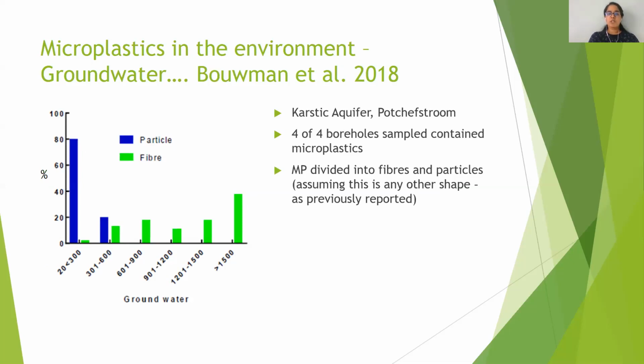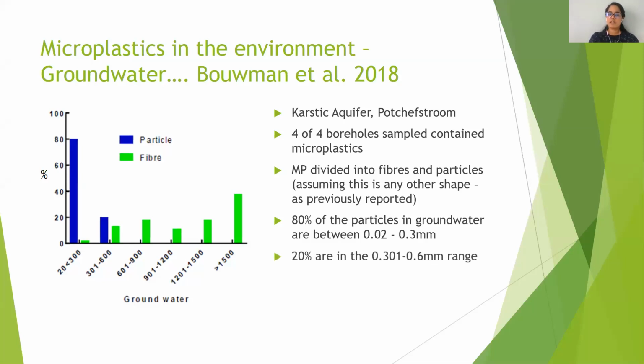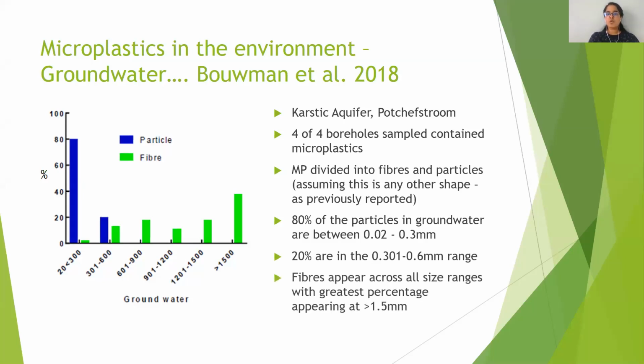They found that with the particles, 80% of the particles in the groundwater were between 0.02 and 0.3 millimeters, and then 20% is slightly higher, you can see from the graph, whereas with the fibers, they appear across all size ranges, with a maximum of greater than 1.5 millimeters.